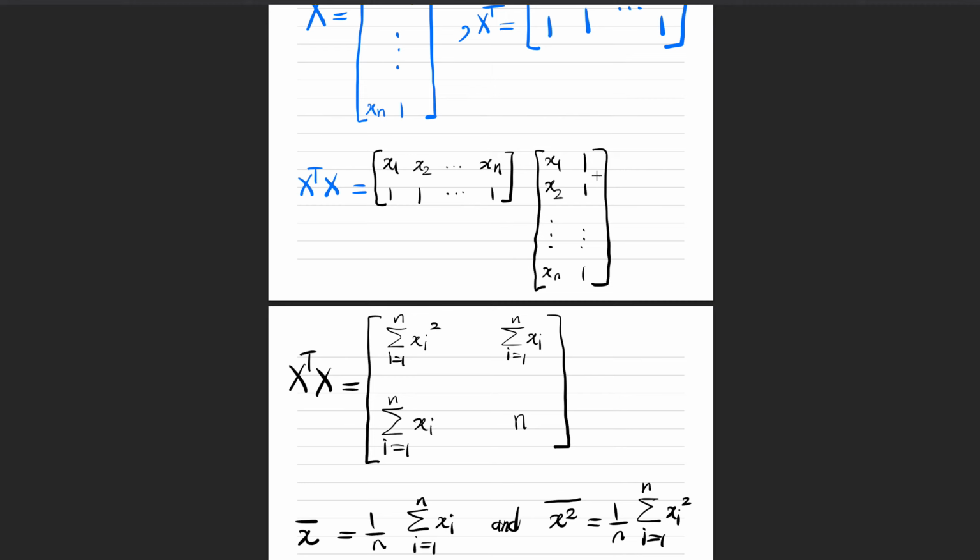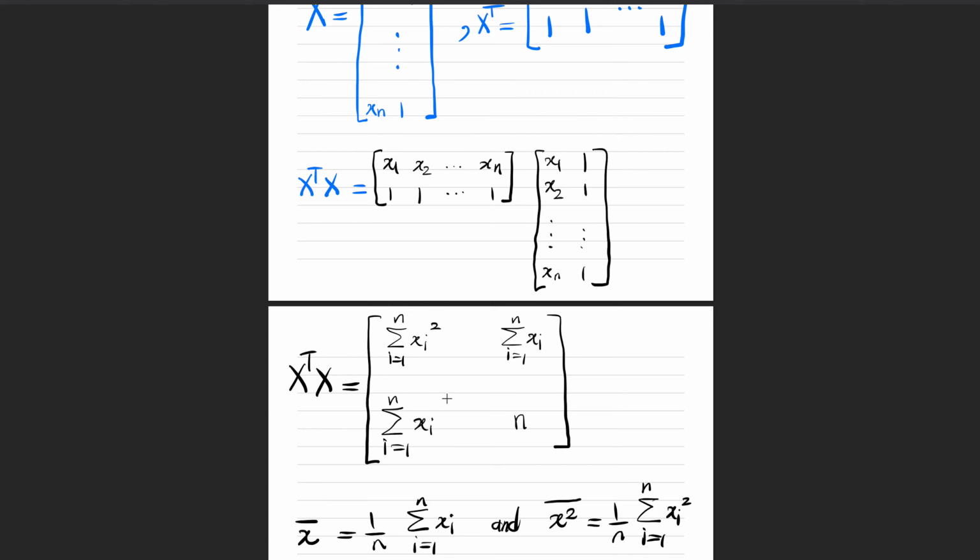This row inner product with this column gives us the sum of the xi's. This row inner product with this column gives us the sum of xi's. And then this row inner product with this column is just the sum of ones, n of them, which gives us n.